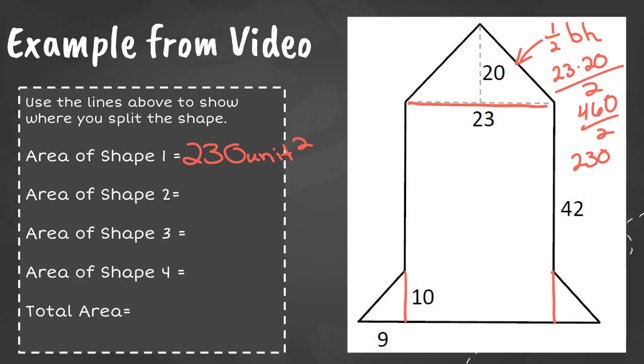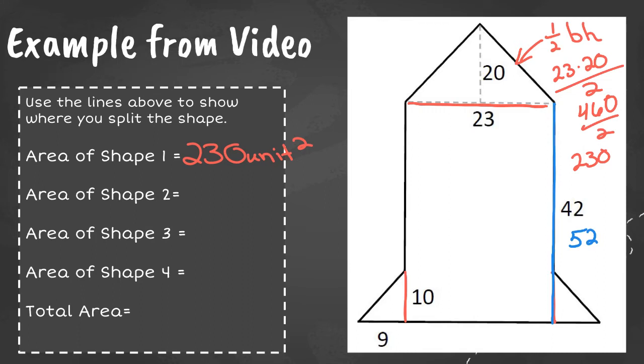Okay, so now I'm going to go to my rectangle in the middle. For the rectangle, I need to think about what would be my length and width. Well, they're telling me this right here is 42. That does not count where I drew that red line. But over here, they did tell me it was 10. So that means if I need to go all the way down, I have to do 42 plus the 10, which makes 52.